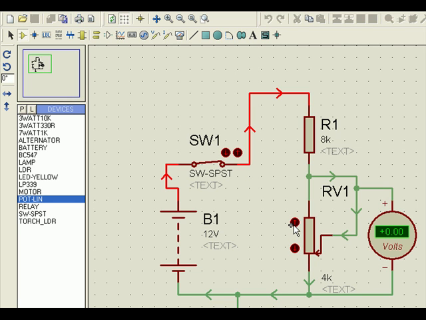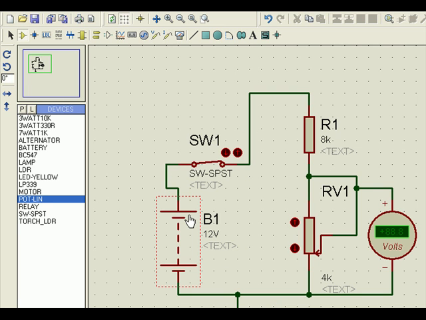That means I am able to vary it from 0 to 2.4 volts. And if I go on above, then I get 4 volts. This is also another arrangement where I can vary the voltage in this fashion, right? So this is how the potential divider or a variable resistor can be used for specific voltage requirements.